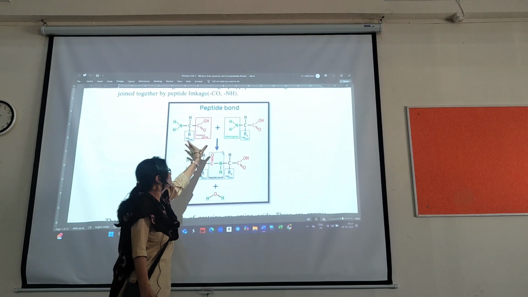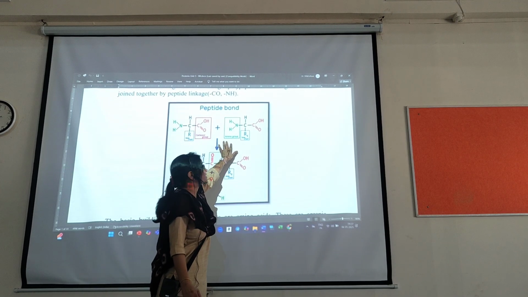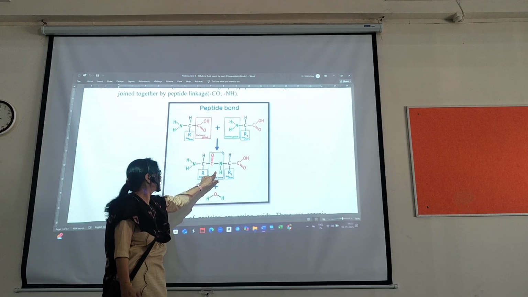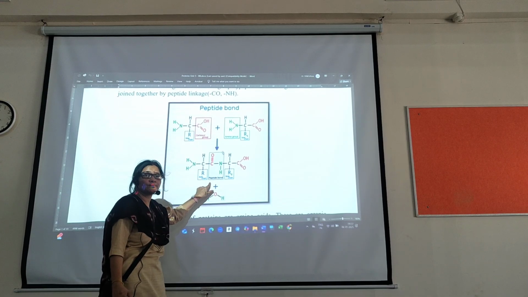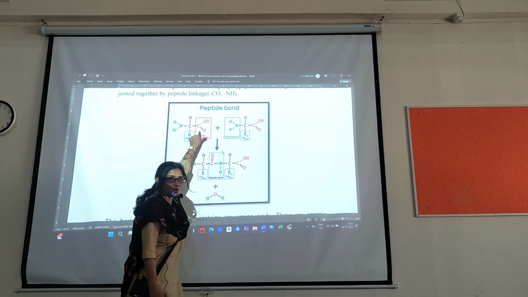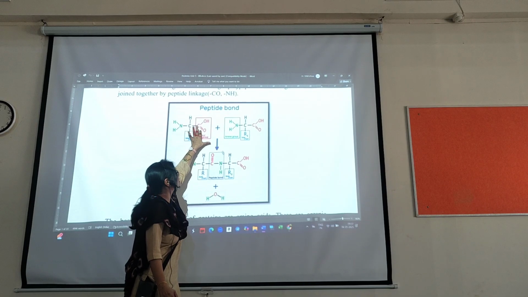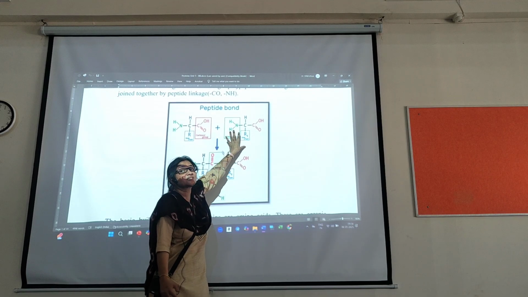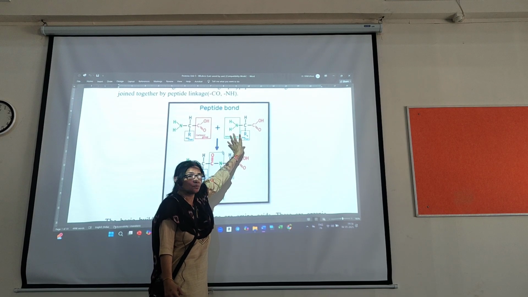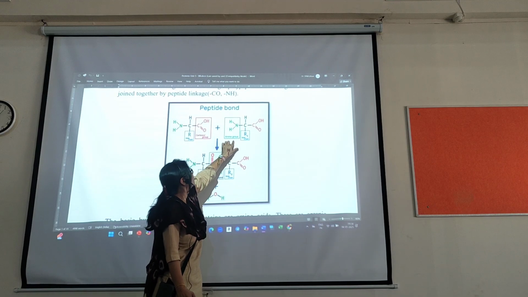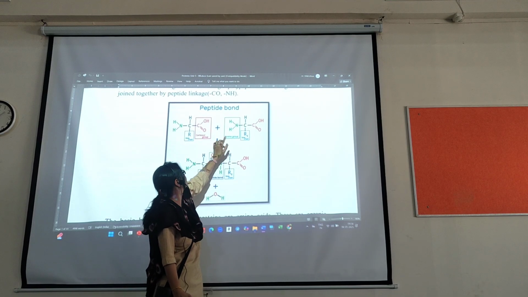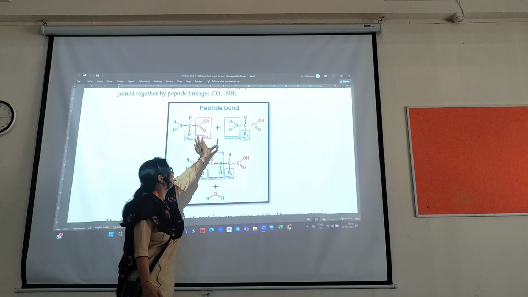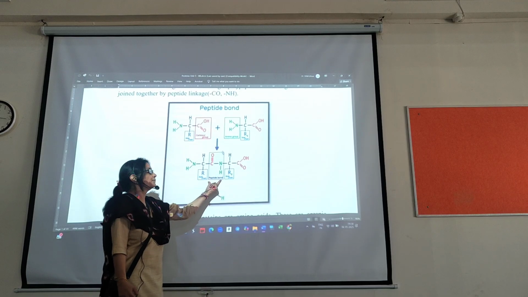Two amino acids join together by a peptide bond. How is this peptide bond formed? The carboxyl group of the first amino acid molecule and the amino group of the second amino acid molecule come together and form the peptide bond.